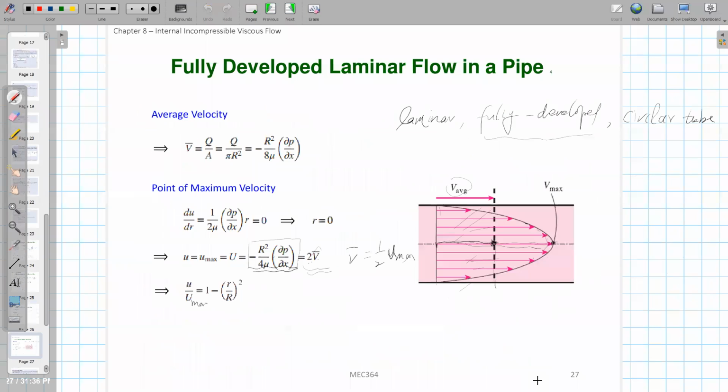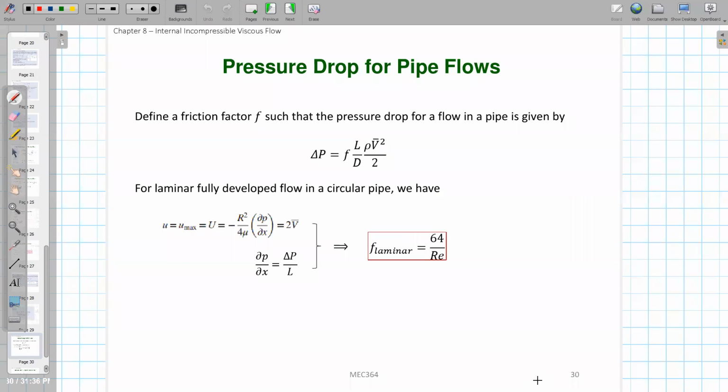In realistic engineering problems, most times we want to reduce this pressure drop, because a higher pressure drop means we need a more powerful pump to maintain the flow rate.